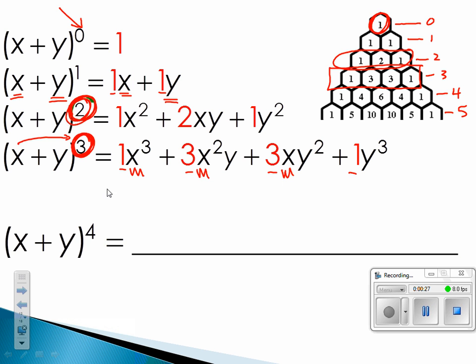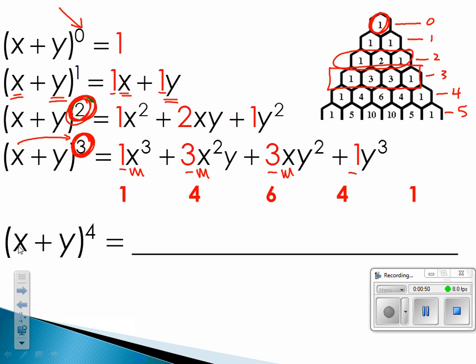Okay, so if I'm doing x plus y to the fourth, well, I know I'm going to need 1, 4, 6, 4, 1, because my exponent of 4 tells me to look at the fourth row. So I need 1, 4, 6, 4, 1. Okay, there's my coefficients.